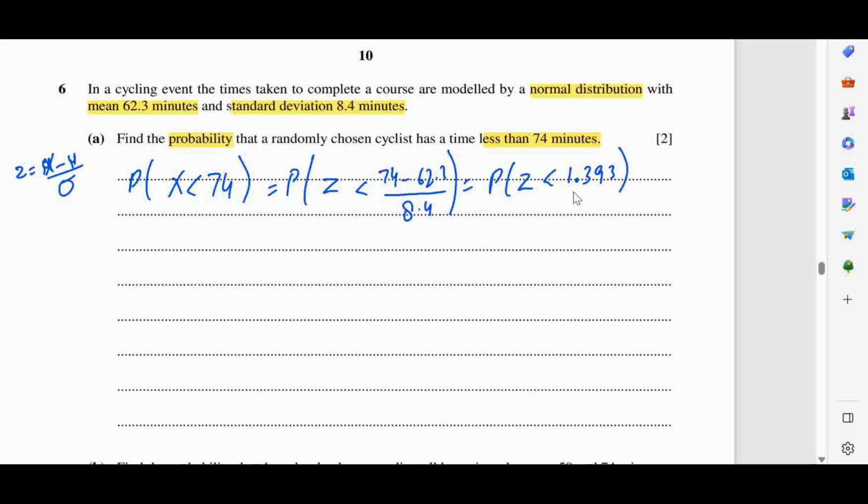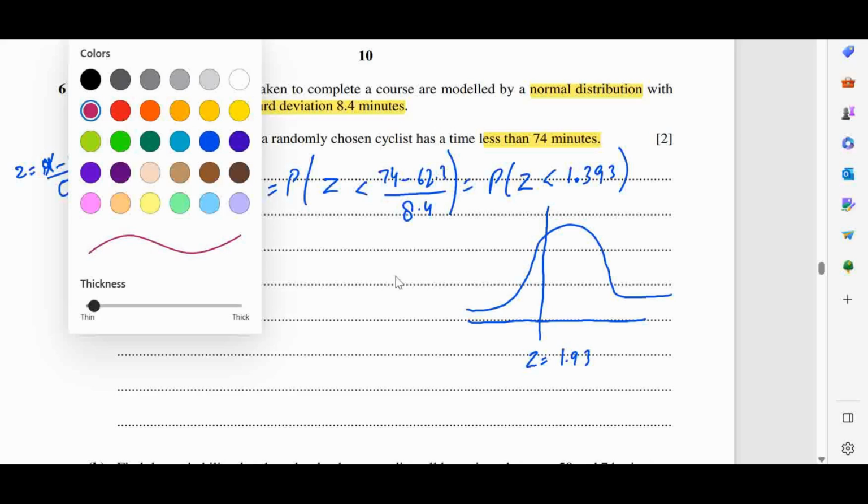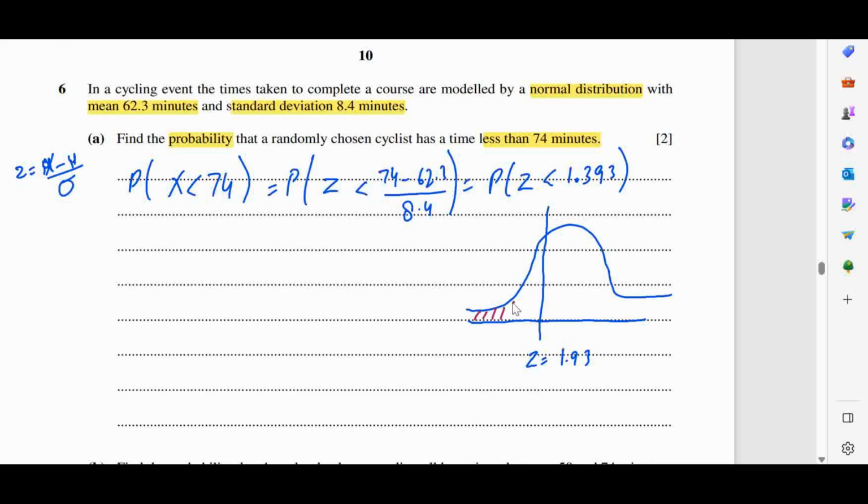Now let's see the table first, and from here we can see what we have to do. This is a normal distribution table, and we have to find the probability for the value of z, and from here we can see that we have to find this value.